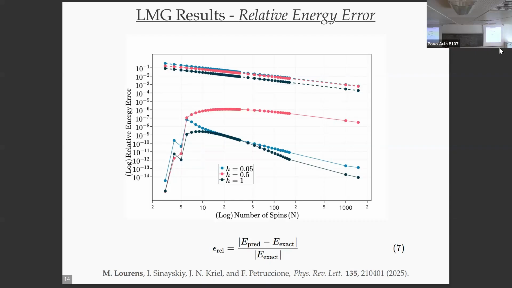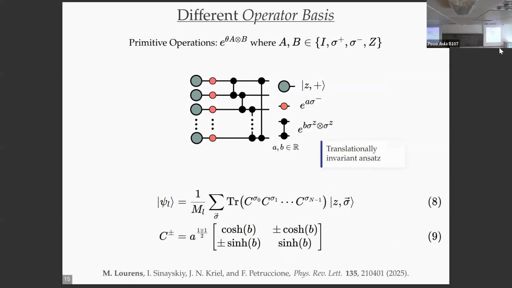You're left with a state with a non-trivial amount of entanglement, and this actually reflects the exact LMG ground state. So the mean field only probes limited ground state features, and our model was able to capture this.